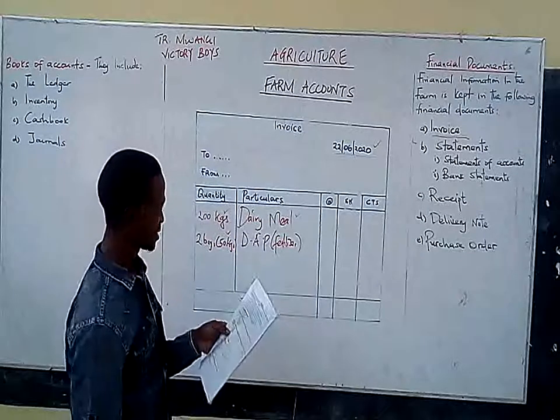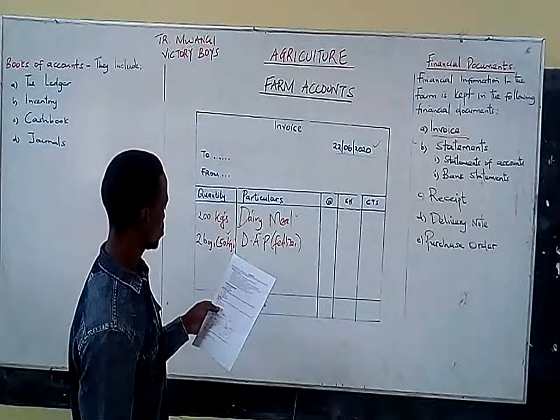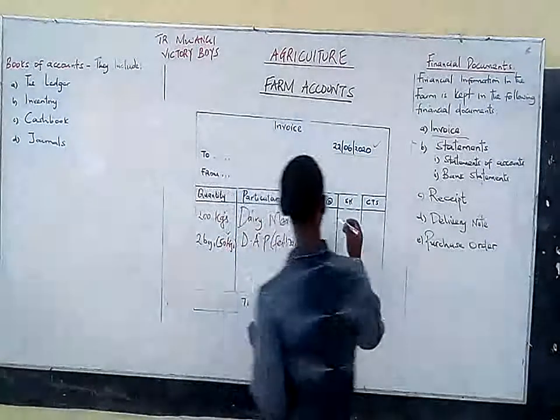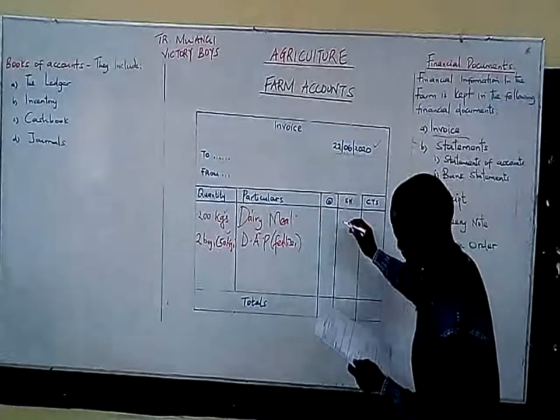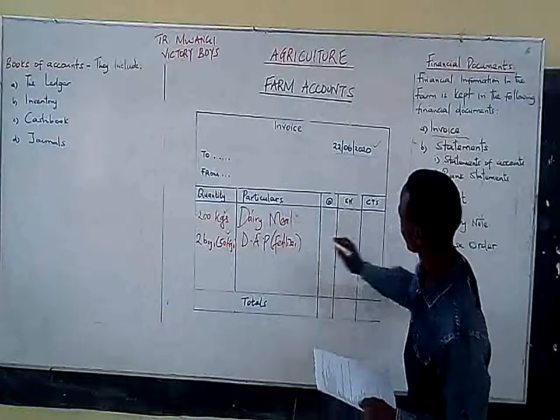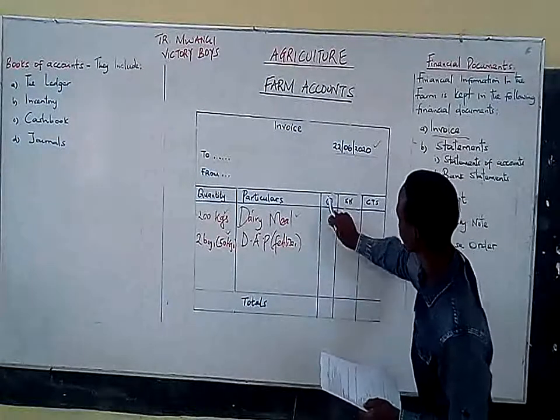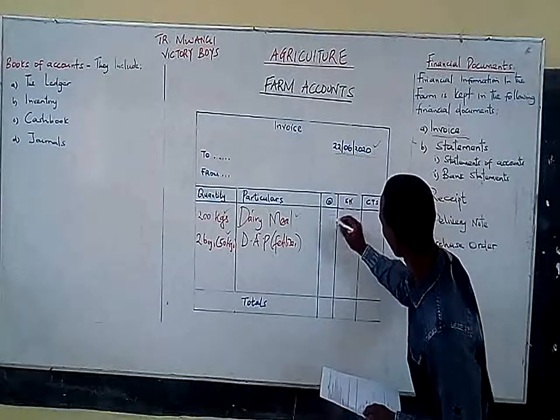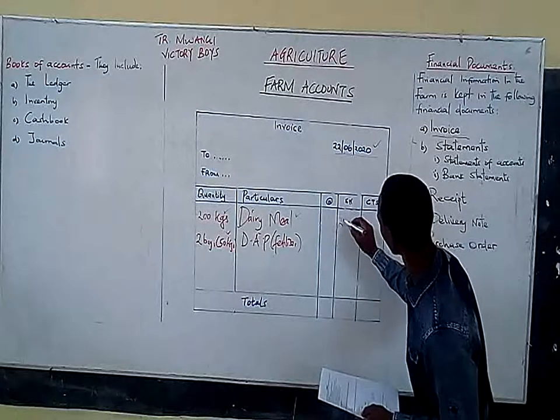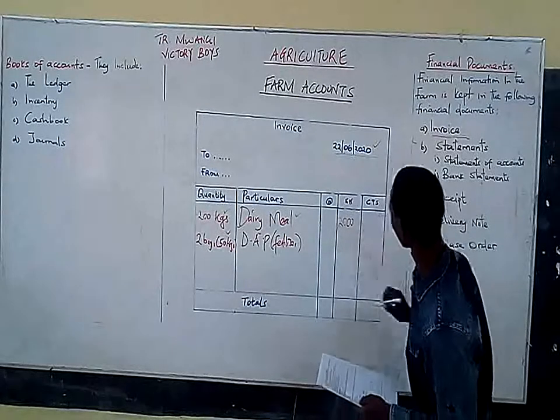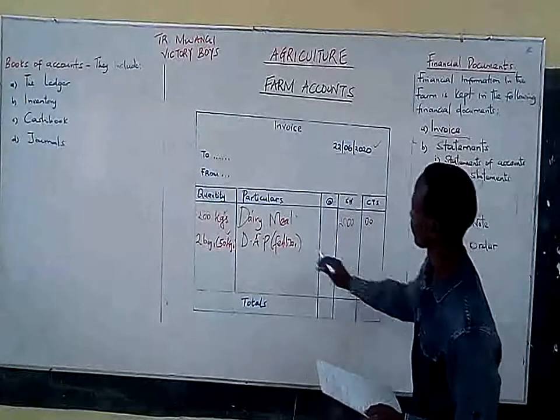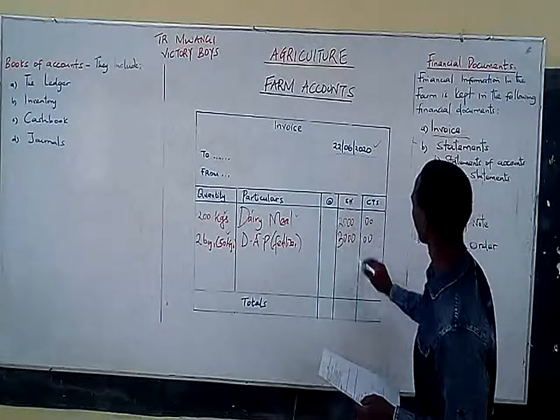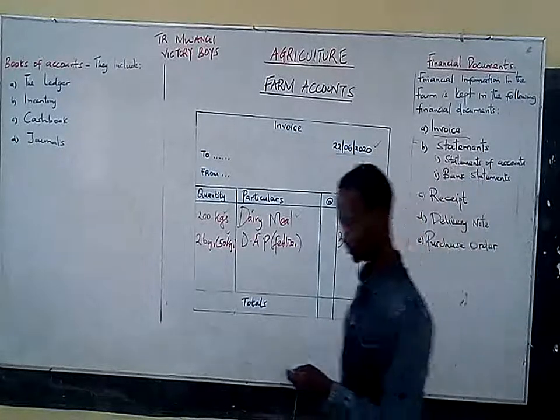It is the prices of the individual particulars. We have them on this other column. So dairy meal, 200 kgs, maybe bought at, this one denotes each, 2,000 Kenya shillings. Maybe your fertilizer you bought at 3,000 Kenya shillings and 00 cents.